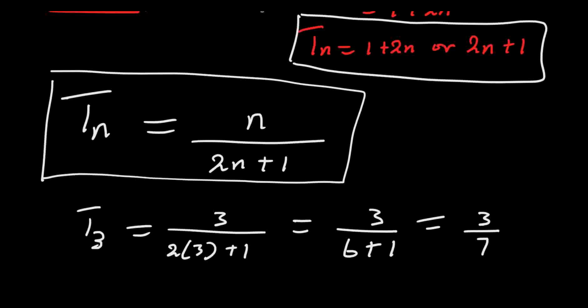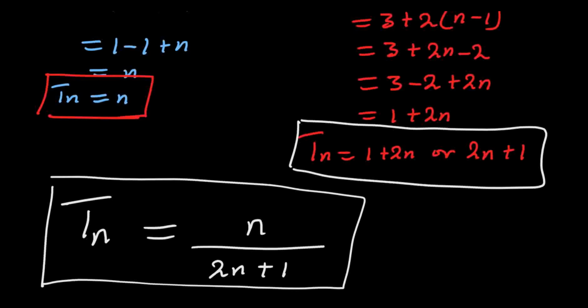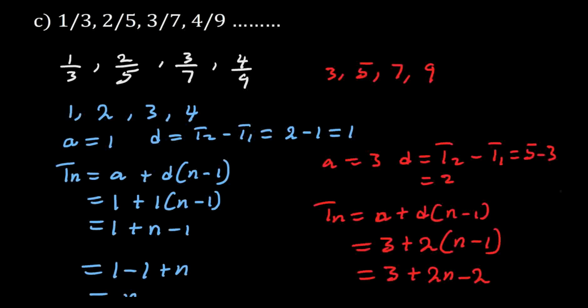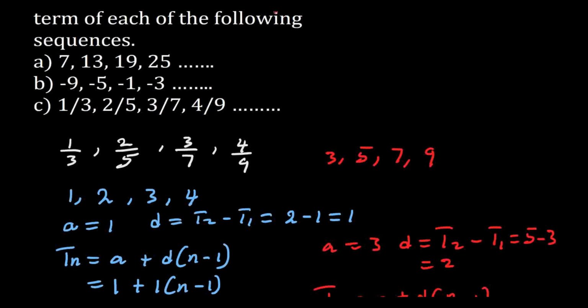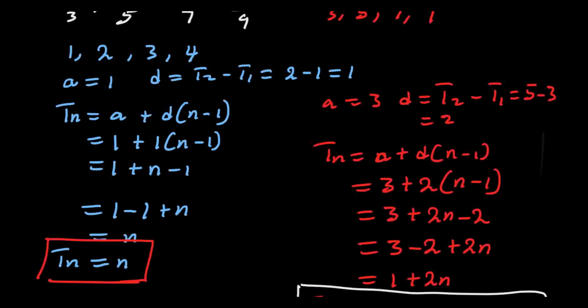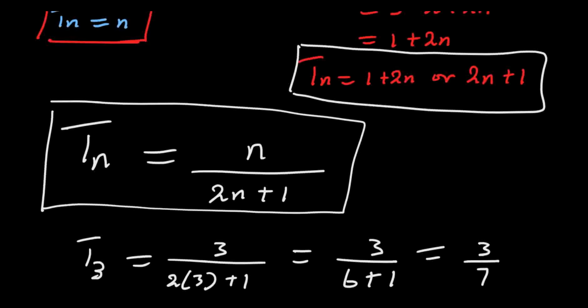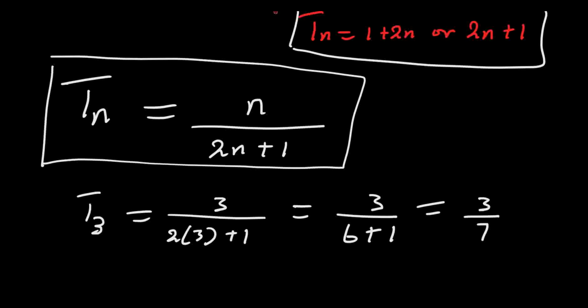So the third term is 3 over 7. Now let's check from the given sequence the third term. As you can see, this is the first term, this is the second term, and this is the third term. You can see 3 over 7. So that is the formula for the nth term of that sequence. I hope this makes some sense.